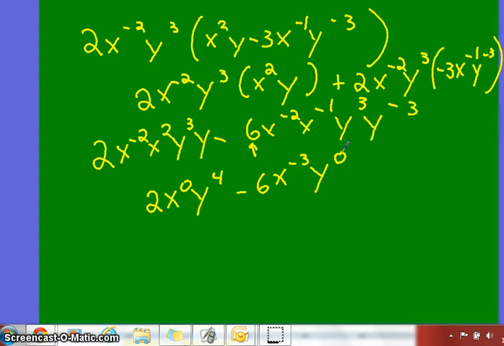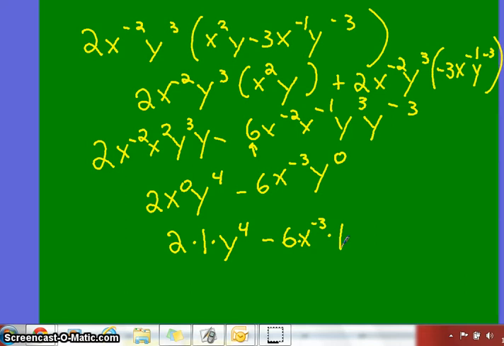Keep in mind that when your exponents are 0, the answer is 1. So if I wrote out even one more step, I end up with 2 times 1 times y to the fourth power minus 6 times x to the negative third power times 1.